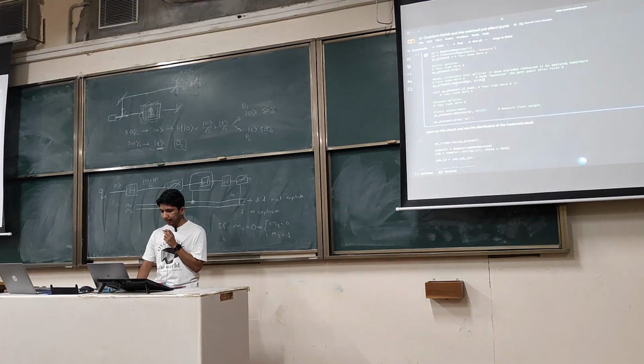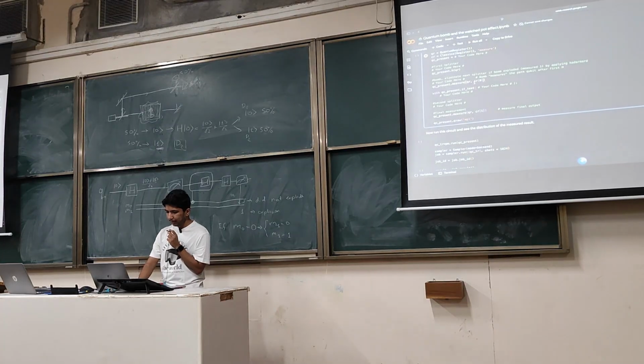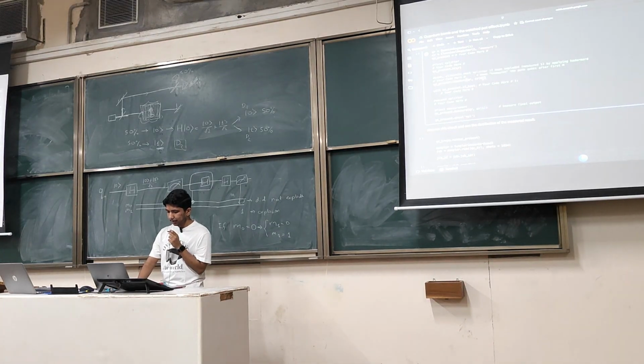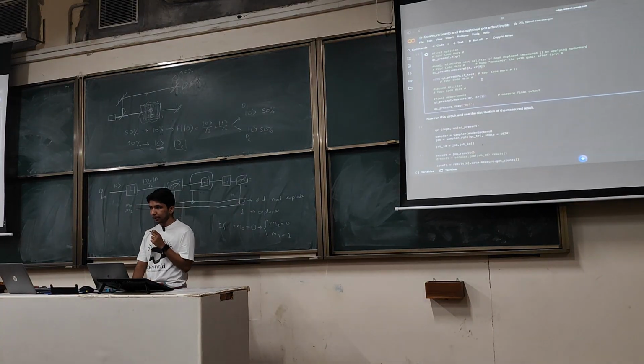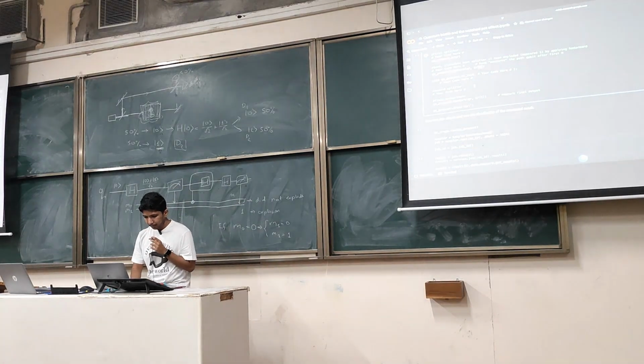Right, so you're measuring the first qubit and then you're writing it down to 0. This is what will be represented by M0 there, and that records the status of your bomb exploding or not.